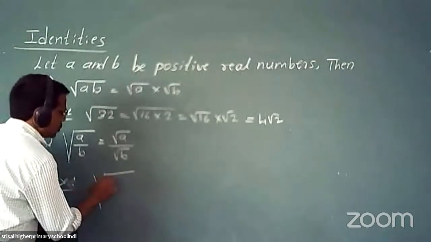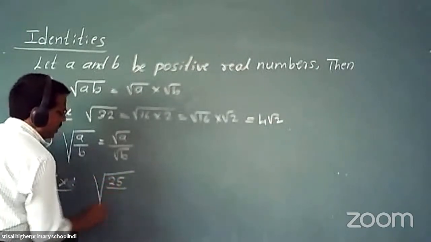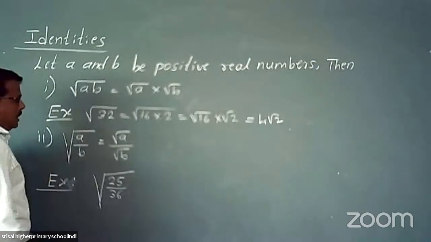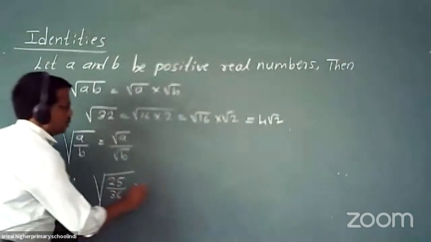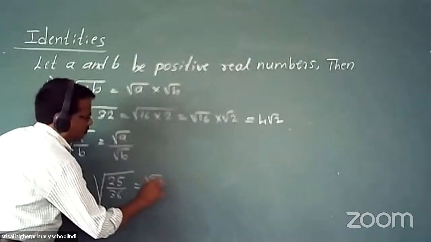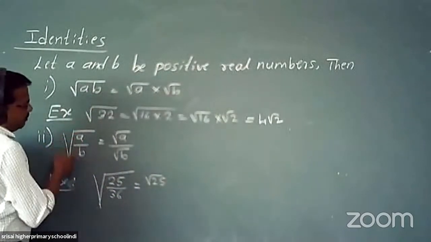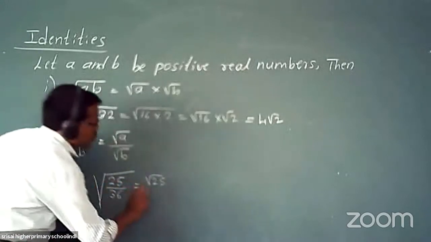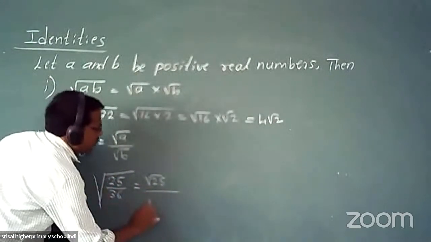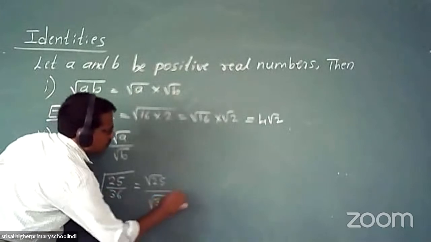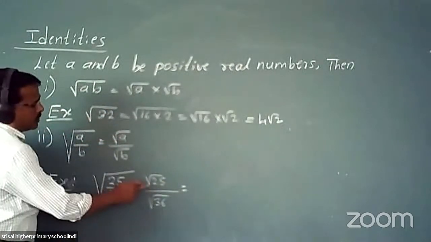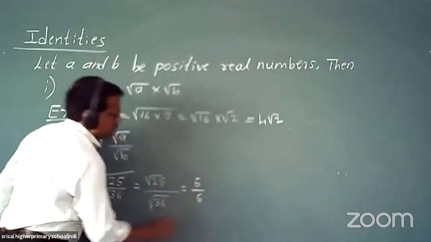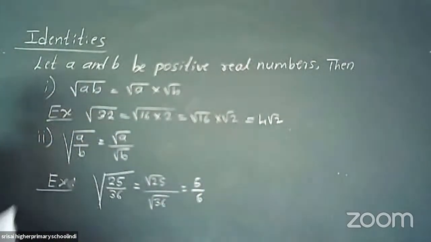For example, if it is the square root of 25 divided by square root of 36, you can write it as square root of a by b, square root of 25 by 36. Now I'll write square root of 25 divided by square root of 36. This is equal to, square root of 25 is 5, square root of 36 is 6. This way you can simplify.